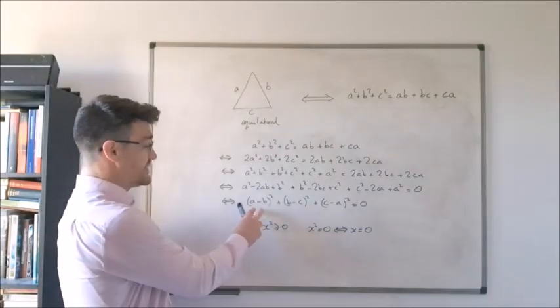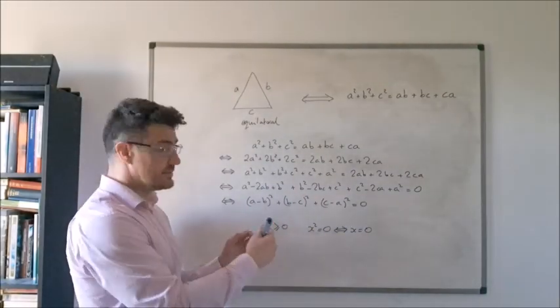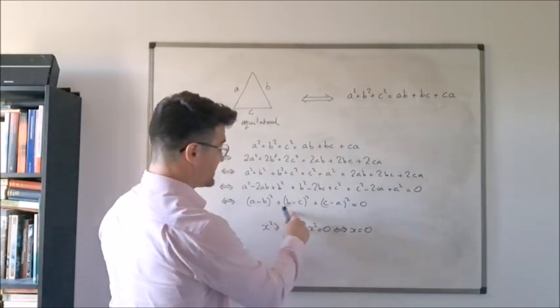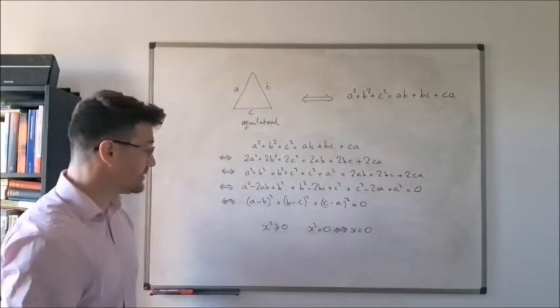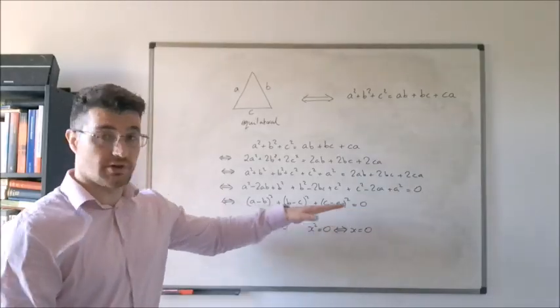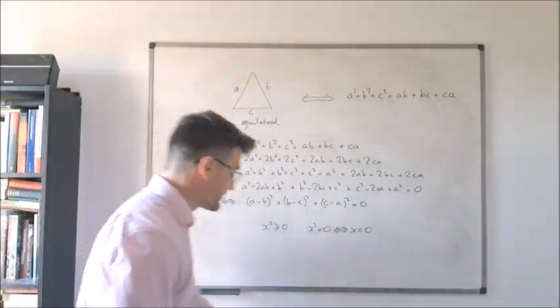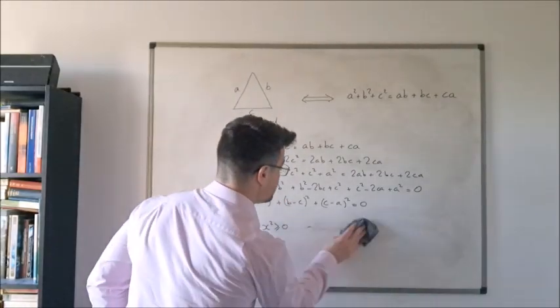So if this turned out to be 2, for example, there's no way that that's going to reduce. Even if these were equal to 0, we'd still get 2. So for the sum of these three squares to be equal to 0, each individual square must be equal to 0 itself.